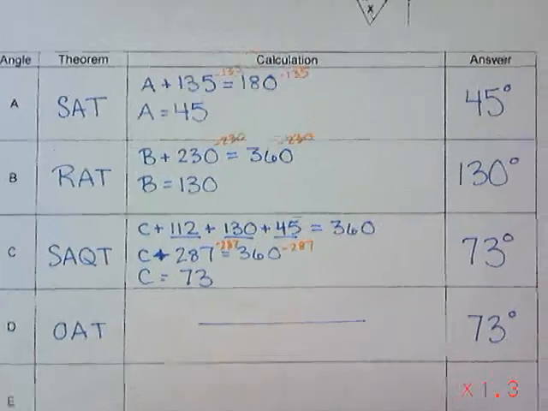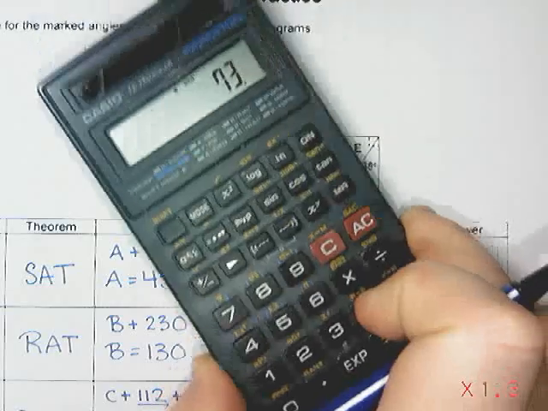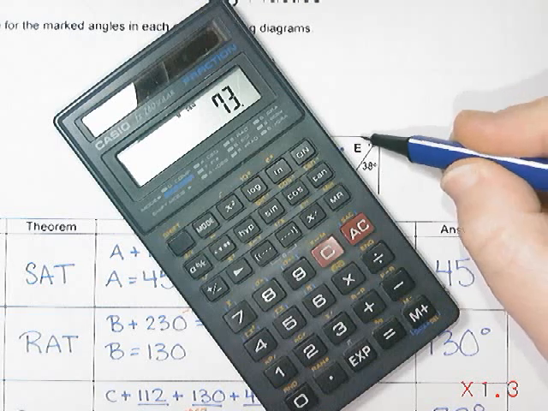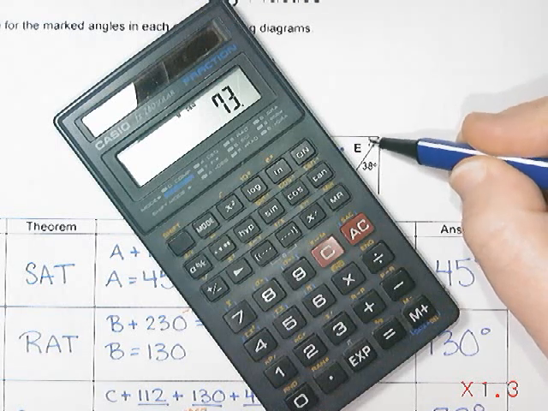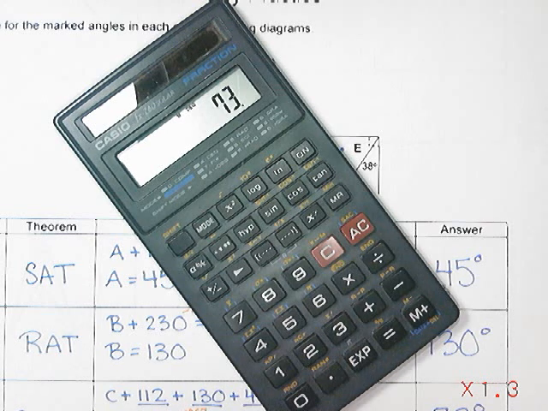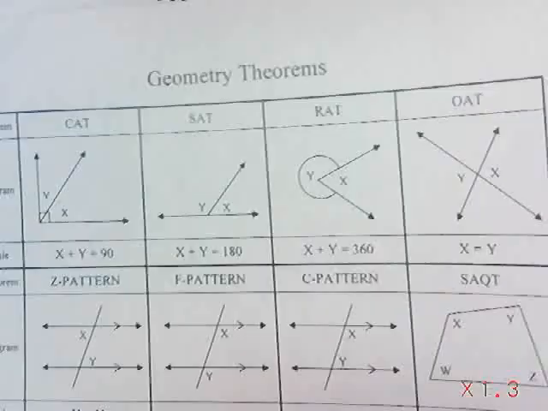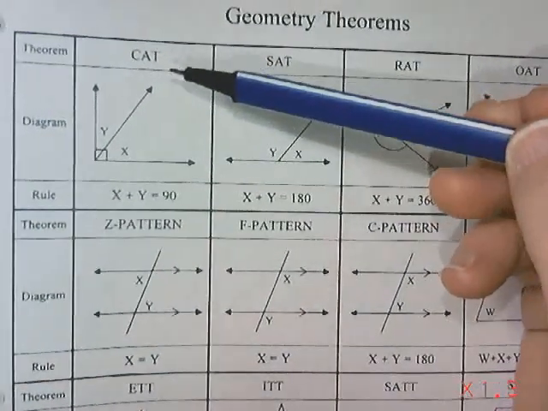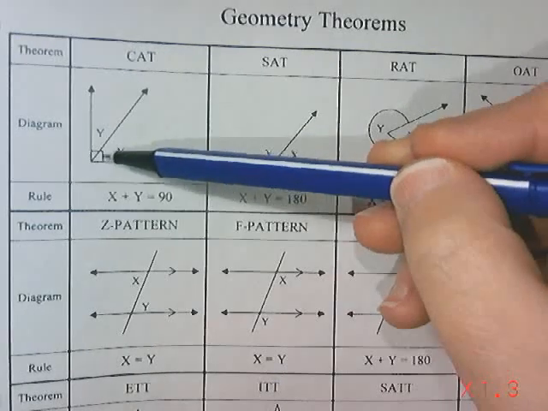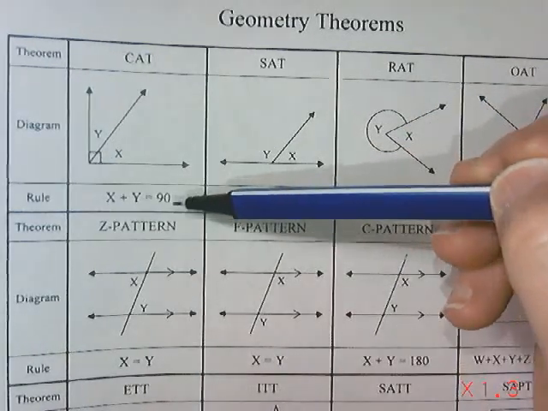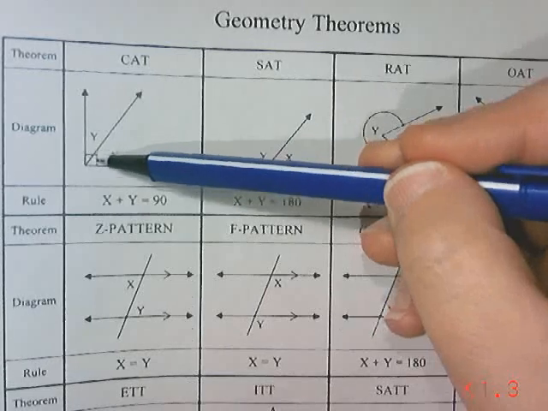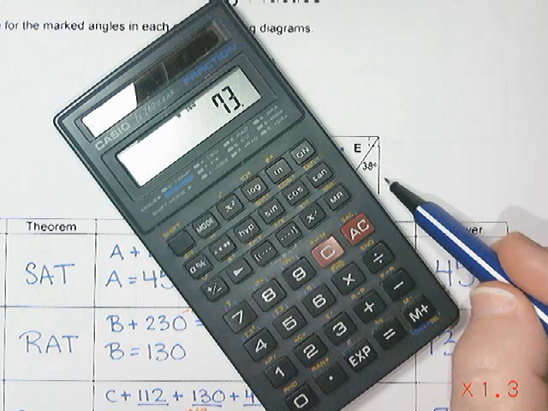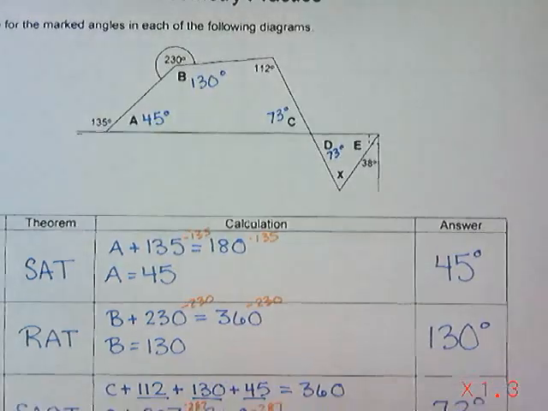For E, if I take a look at E and 38 degrees, here have a little square in the corner, meaning that they make 90 degrees. So if I take a look at my formula sheet, I notice the complementary angle theorem, or CAT, says that two angles with that little square in the corner add to 90 degrees. Sometimes there might be three angles, but all of the angles together make 90 degrees here. So that means that E and 38 would equal 90 degrees if you added them together.